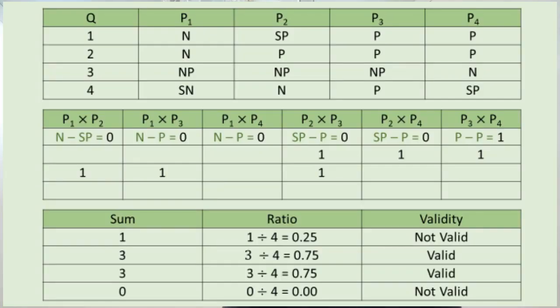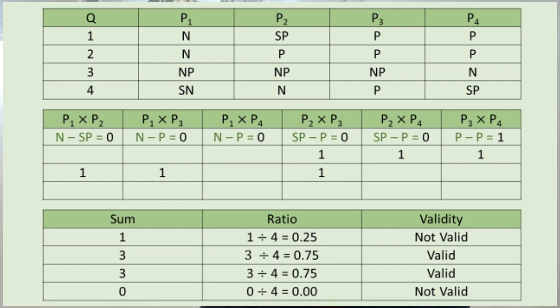We extend it further with a column for the sum, wherein you get the summation of all the pairings. For question number 1, 0, 0, 0, 0, 0 plus 1, you'll have 1. For the second question, 0, 0, 0 plus 1 plus 1 plus 1, you'll get 3, and so on and so forth. So the column for the summations has 1, 3, 3, and 0.